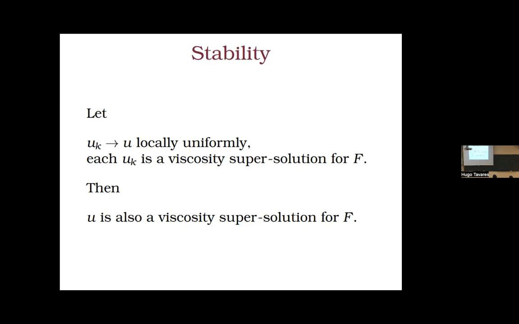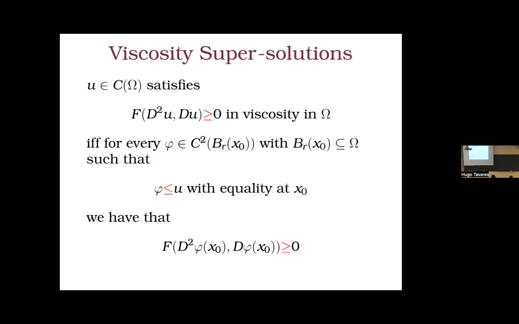So stability here means that you have a sequence of supersolutions, which come with this inequality, bigger or equal than 0. And I forgot to say that there is also a notion of subsolutions. They come with the opposite inequality, and here you need to touch from above and check the opposite inequality, and solutions are those that satisfy both notions simultaneously.